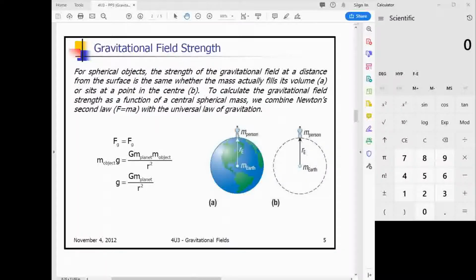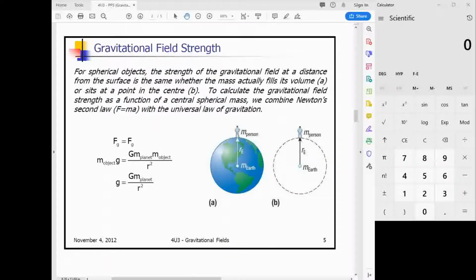Fg equals Fg. We can calculate Fg using ma, where m is the mass of the object and a is our lowercase g. And Fg, the force of gravity between two objects, is also our big G times the product of the masses divided by the square of the distance.